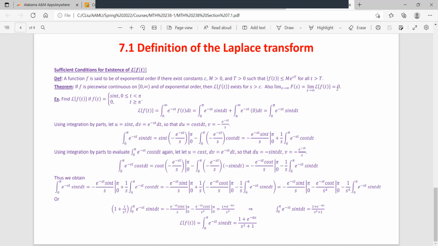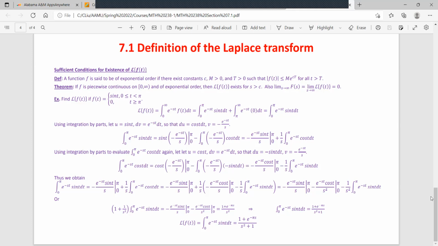That's another conclusion from this theorem. Not only does the Laplace transform exist, but it also has a limit of 0 as s approaches infinity. The only requirement is that the function is piecewise continuous and of exponential order.